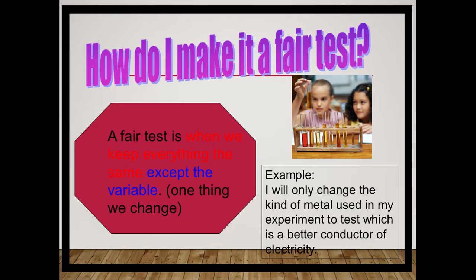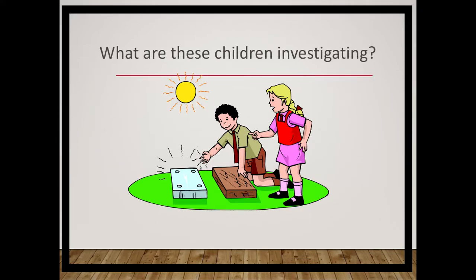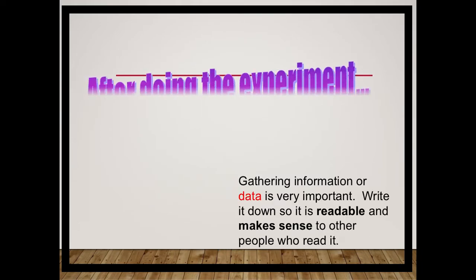So you're only changing one thing. If we're talking about that battery metal, they might say we only will change one thing in that experiment. So, what are these children investigating? Well, I'm not quite sure, but they could be looking at what's harder, wood. They might be looking at marble, and they are going to check it.